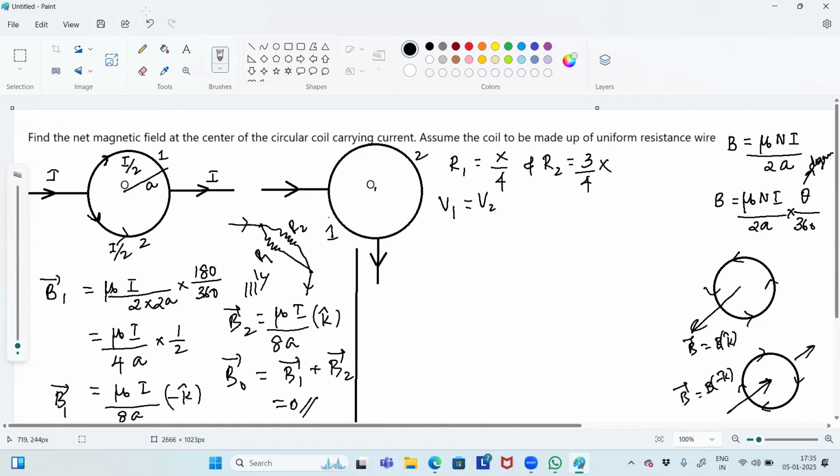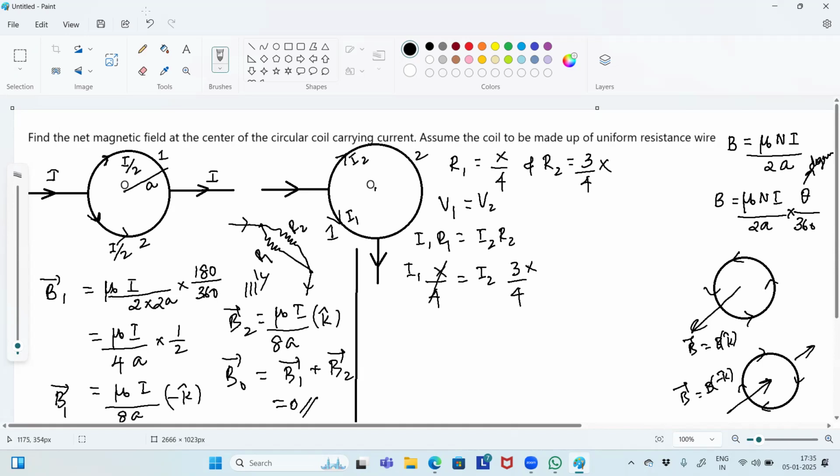So this current, if you take as I1, this current as I2, V1 equal to V2 can be turned into I1 R1 equal to I2 R2. I1 we don't know, but R1 and R2 we have already estimated as X by 4 and 3X by 4.